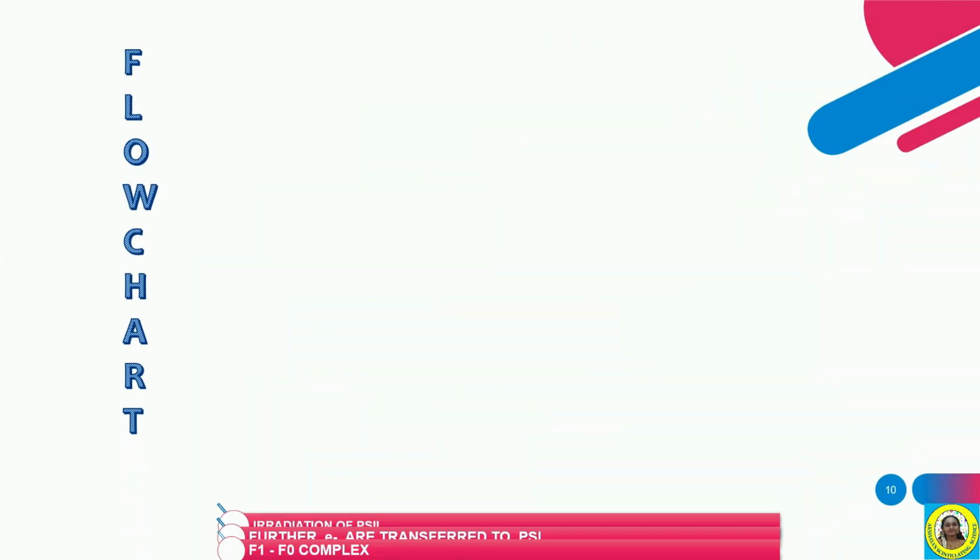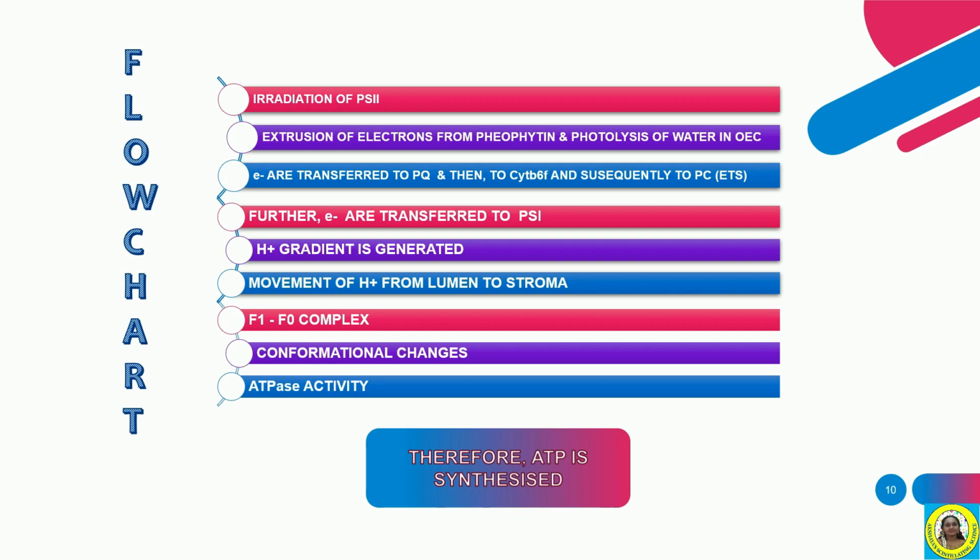Here we have a flow chart for this hypothesis. Firstly, irradiation of PS2 occurs. Secondly, electrons are extruded from pheophytin, which is the electron acceptor of PS2. Hence electrons are extruded from pheophytin, and then photolysis of water occurs in the oxygen evolution center.